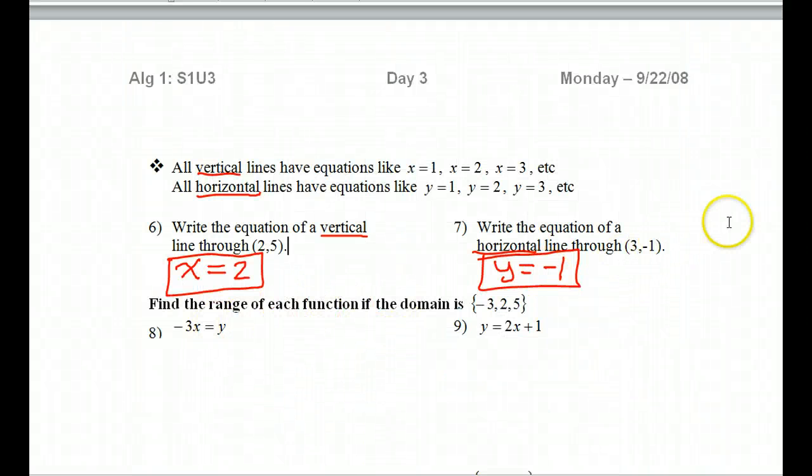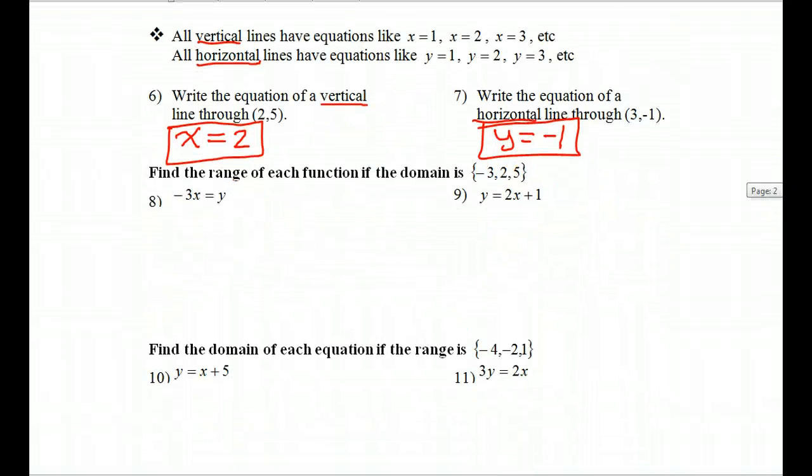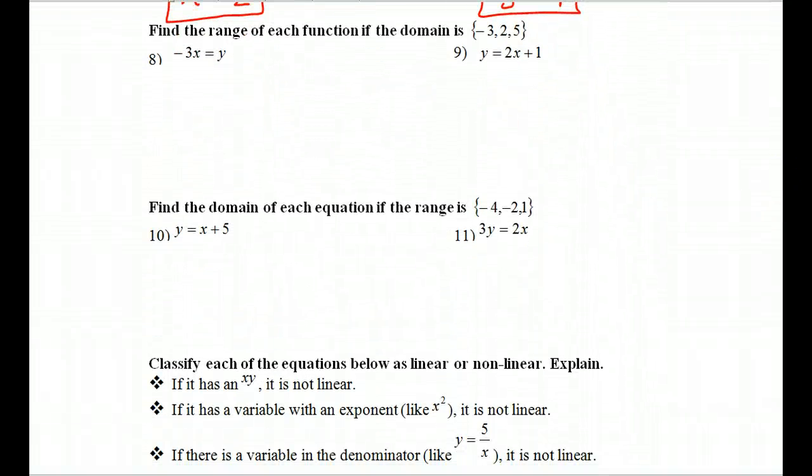Okay, let's look at number 8 and 9. Find the range of each function if the domain is -3, 2, and 5. Well, we're basically talking about making a table of values.